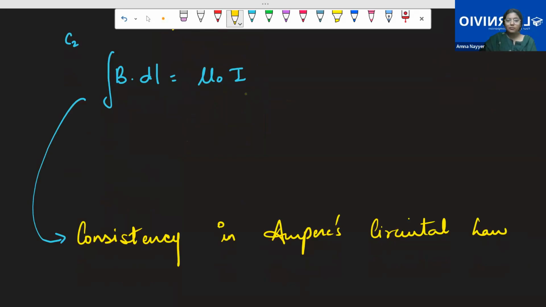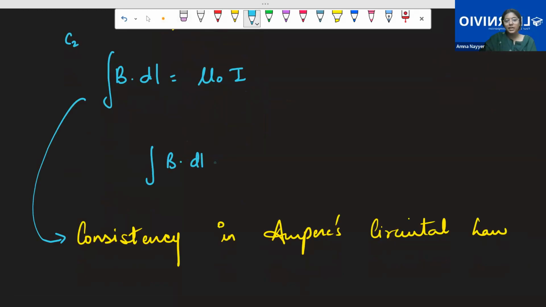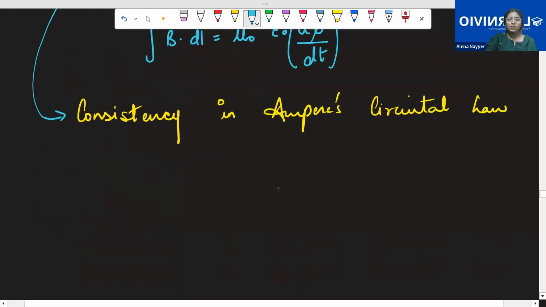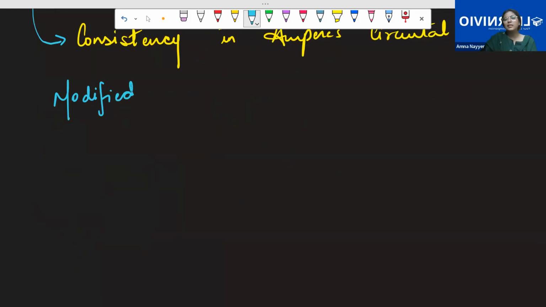So you can write the equation as the integral of B dot dl is equal to mu naught times epsilon naught d phi over dt. Now we basically say modified Ampere-Circuital law. If you remember in one of your magnetics tests, I gave the modified Ampere-Circuital law, and I told you it is not the one which we've already studied.